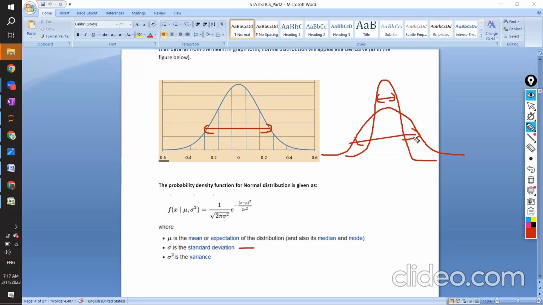There is a bit of separation. For example, 5, 10, 15, they are not very densely located. But for the second scenario, if this is the mean, there are so many values around the mean. That means you will have 5, 6, 7, 8, 9, 10. They are very closely located.